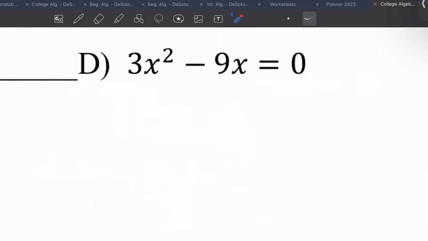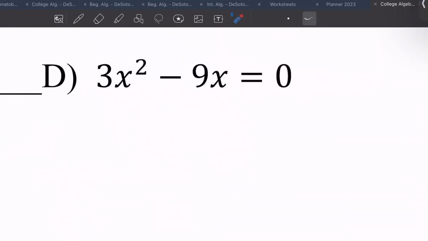All right, this one, 3x squared minus 9x equals 0. On this one, we already have it in standard form. And you may say, okay, Ms. Kelly, where is c?